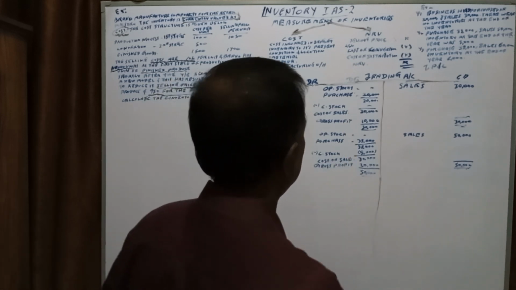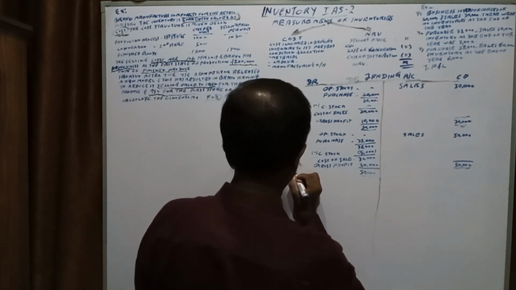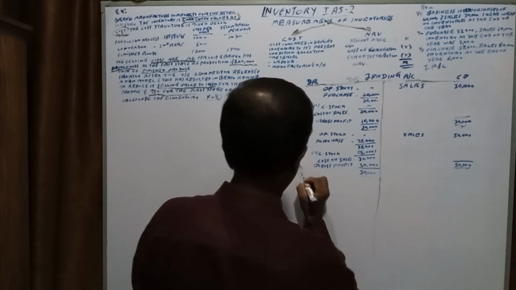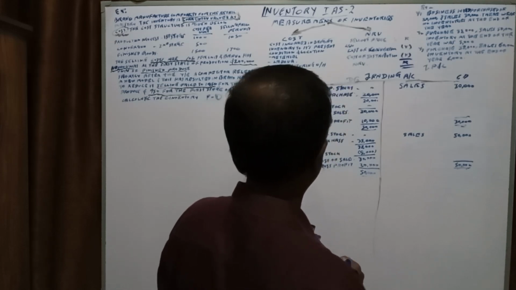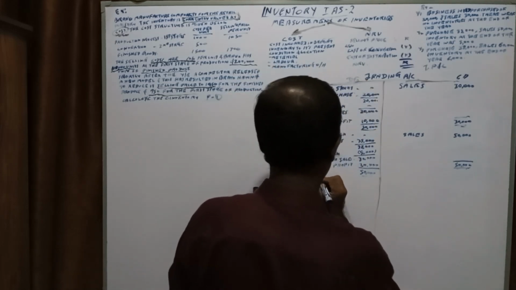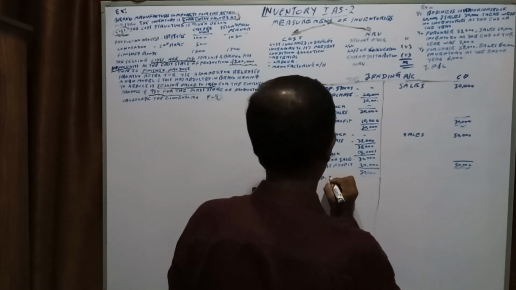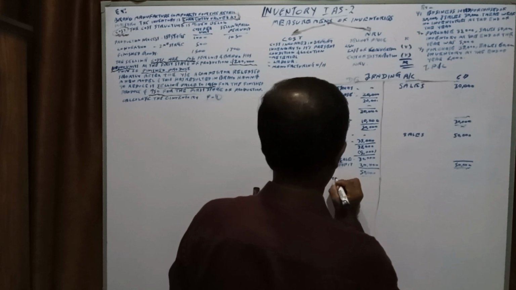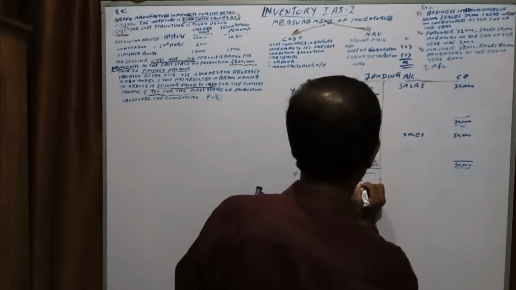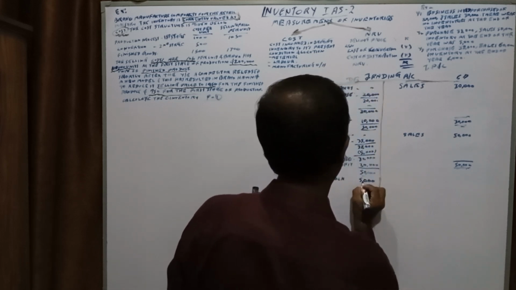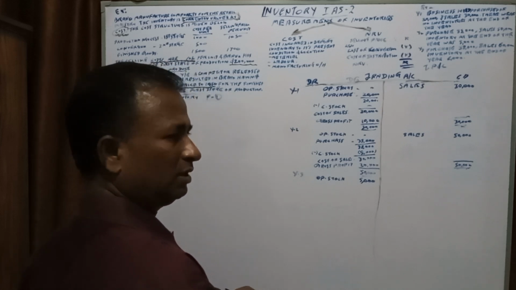Okay. In year 3, this is the opening stock. The closing stock becomes the opening stock of the subsequent year, right?